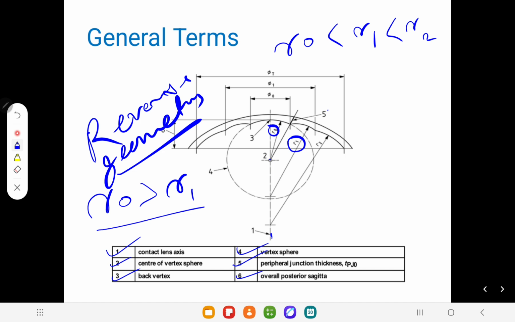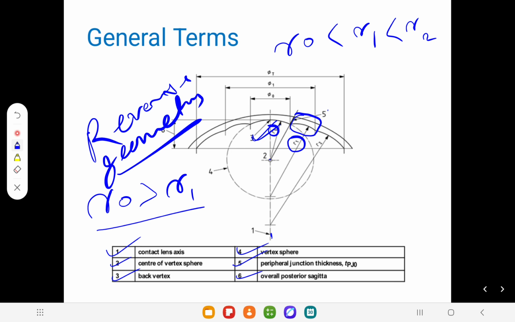R1 is steeper than r0. It's called reverse geometry. What do you mean by that? This back curve is steeper as compared to our base curve. R1 steeper than the base curve is called reverse geometry. You will see this in orthokeratology, and I think in penetrating keratoplasty cases.